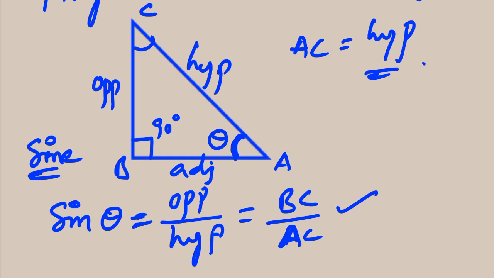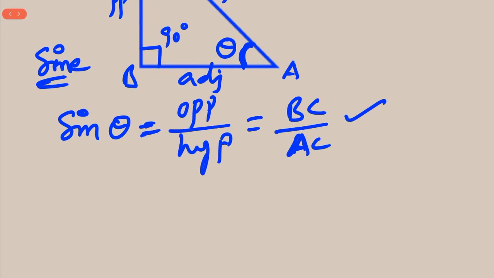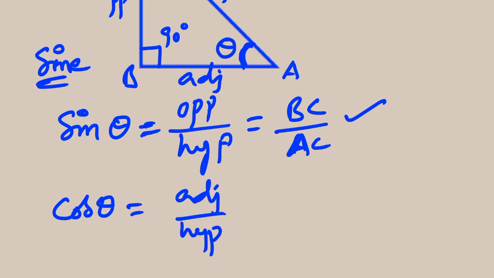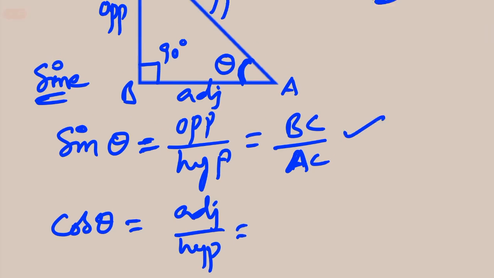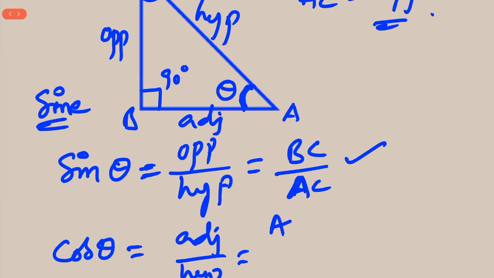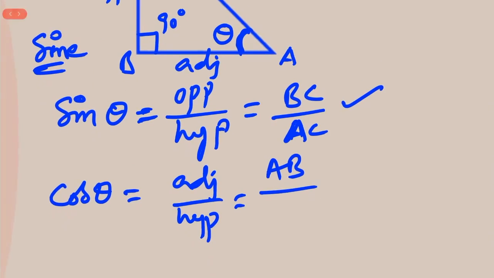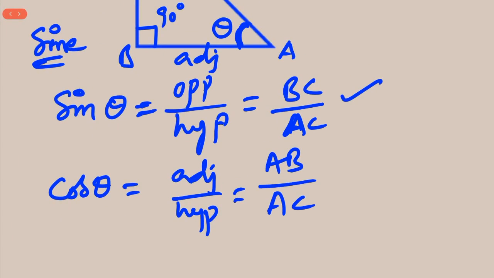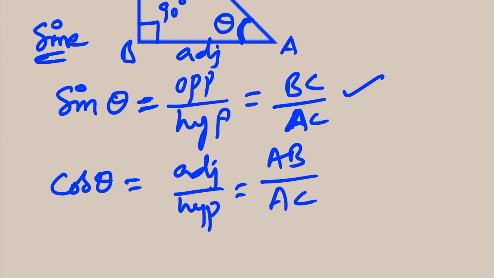Like this we can define the total 6 ratios. The second one is cos theta, that is adjacent side by hypotenuse. The adjacent side of angle A is AB, divided by the hypotenuse AC.